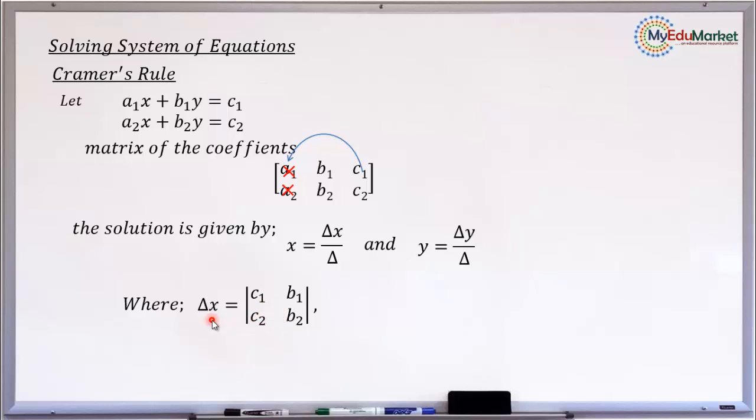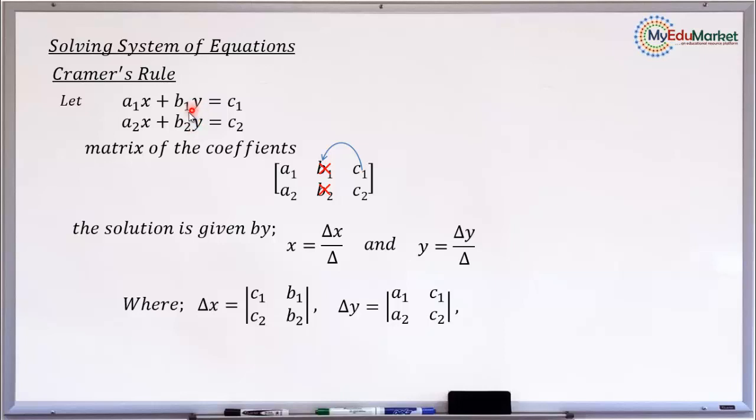Let's see del y. Del y is the determinant of this matrix, and how I obtained it is similar. The last column, which contains the constant terms, replaces the second column, which contains the coefficients of the unknown y in the two equations.